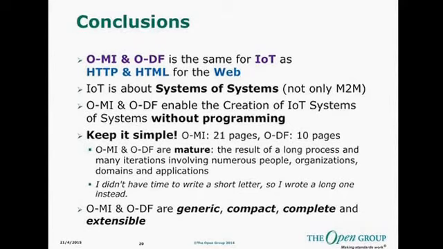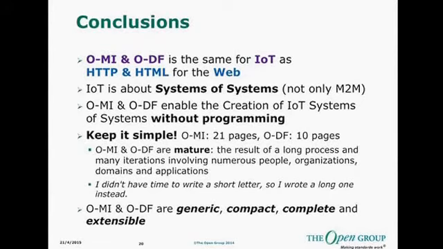As you saw, OMI and ODF enable you to create new Internet of Things systems also without programming, just in the same way that you can publish information using HTML and HTTP without doing any programming.